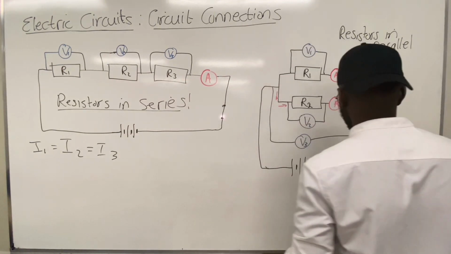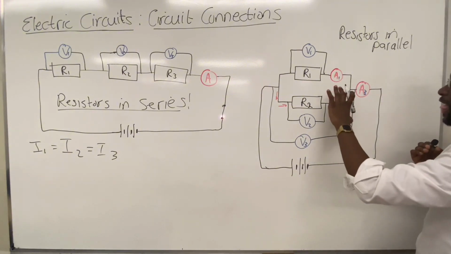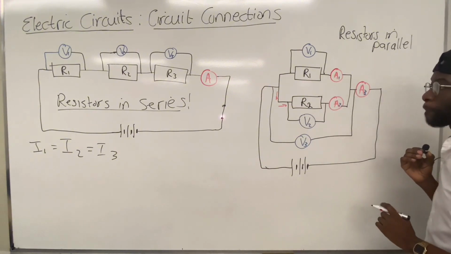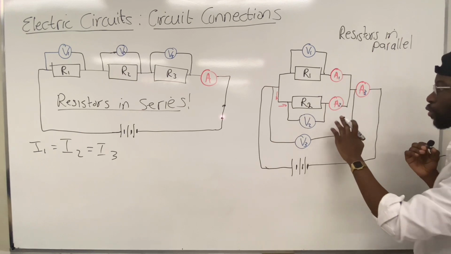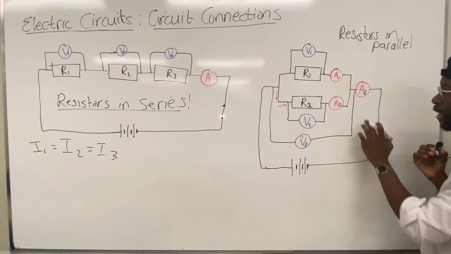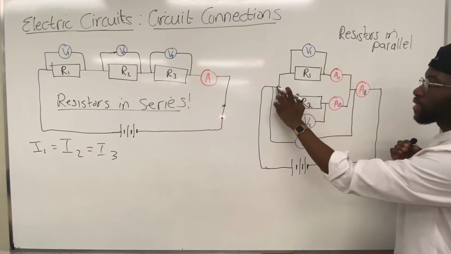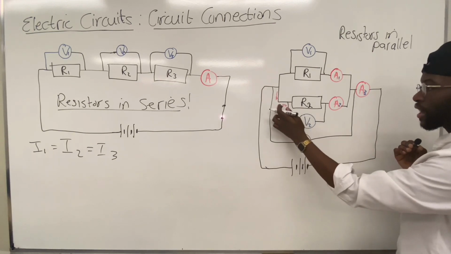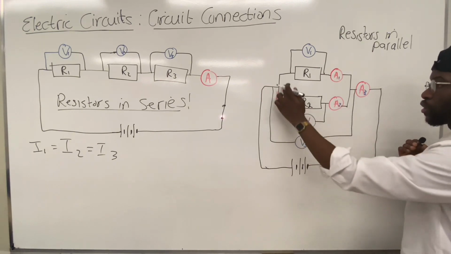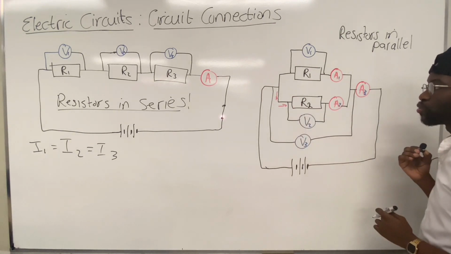However, in a parallel circuit, this current will have two options here. It will either move through this path, or it will come into this path of R2.